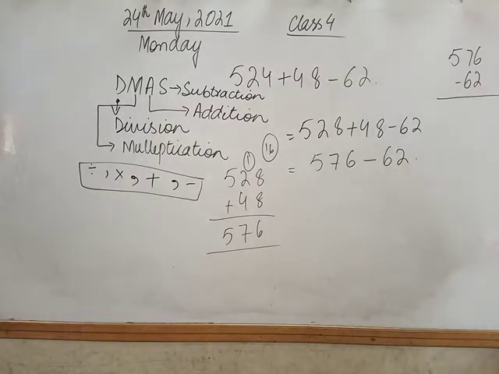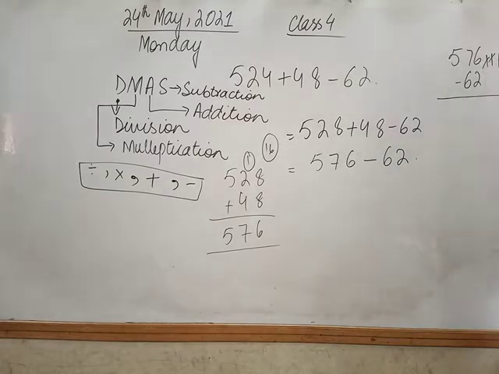Now in the last we will solve the subtraction. We have the first number which is 576 and we want to subtract 62 from it, class. Now if you look, we have 6 from this side. Now 6 minus 2 we have 4. 1, 2, 3, 4, 5, 6 and we want to subtract 2 from it.